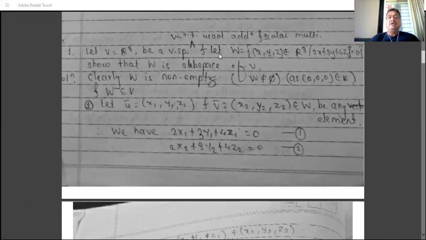And W is non-empty because we have at least one element in W, that is (0, 0, 0). We also have other elements that satisfy this condition, 2x plus 3y plus 4z equal to 0. So in every example, write this first sentence directly, that clearly W is a non-empty subset of V. Then we have to prove the two conditions.